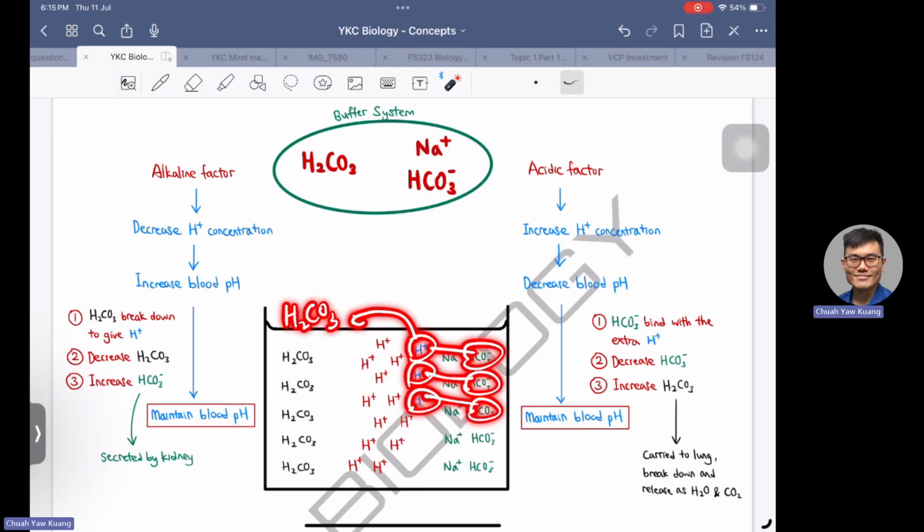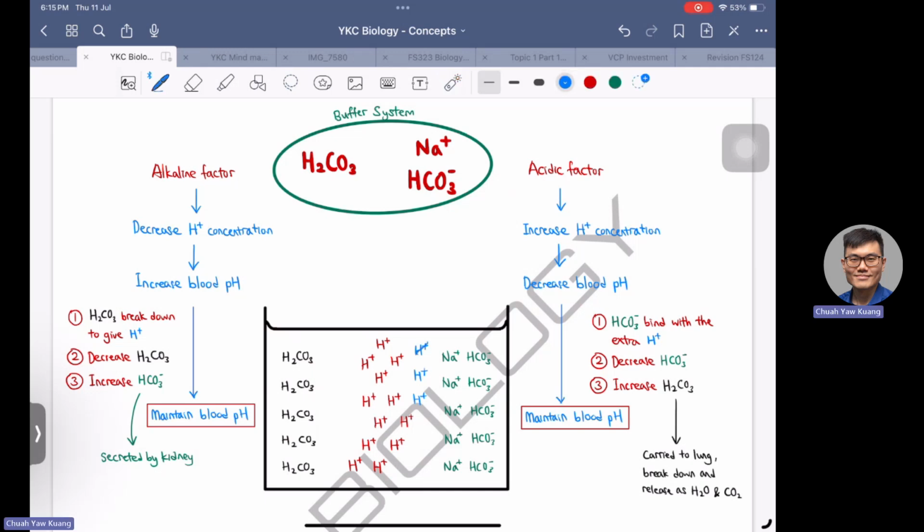In this case, the bicarbonate ion in the blood will be decreasing, while the carbonic acid in the blood will be increasing. In other words, this acidic factor is going to increase the production of the carbonic acid. With that, all these extra hydrogen ions will be removed, and thus it will maintain the pH. So it will add on three carbonic acid.